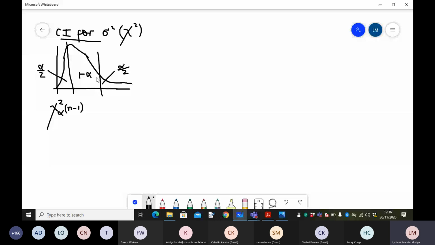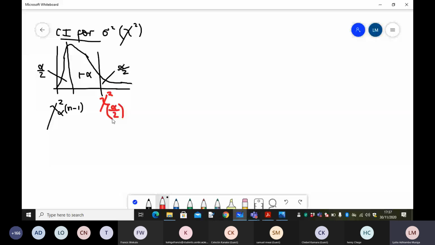Now, when we want to read the values from the chi table, if we want to read the critical value that gives us the small area to the right, we shall be talking about chi alpha over 2, because alpha over 2 is the area to the right.